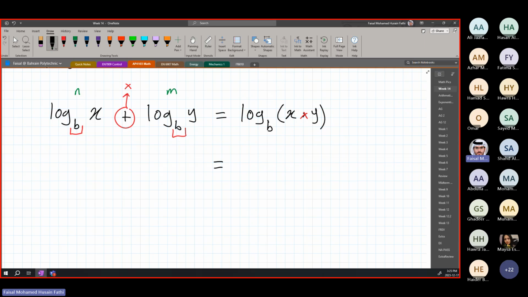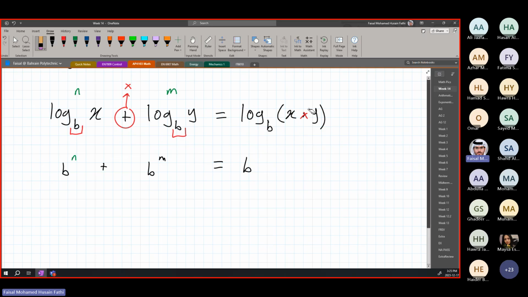So it's going to be basically b to the power of n plus b to the power of m is equal to b to the power of xy. Actually, I don't want to do this.